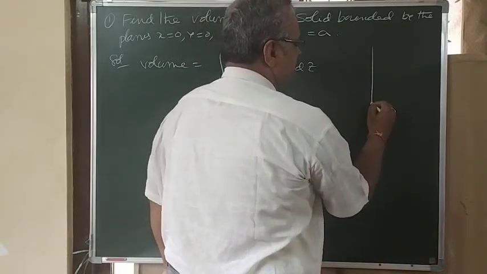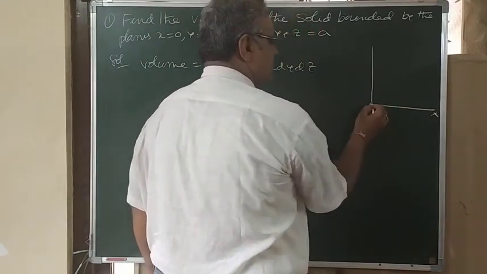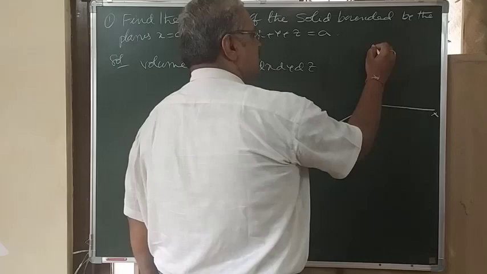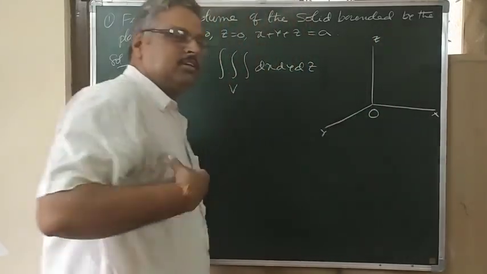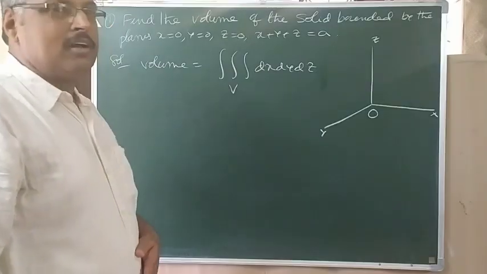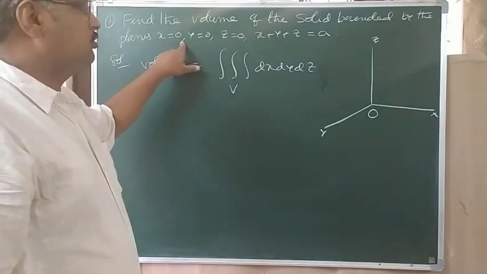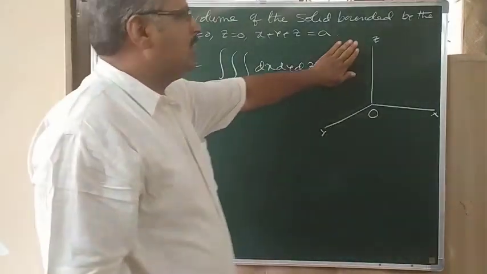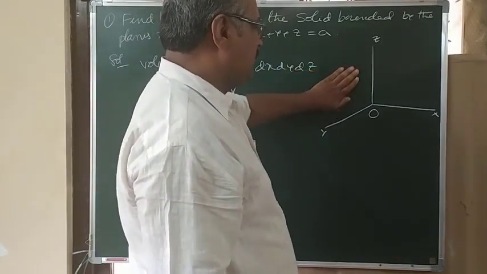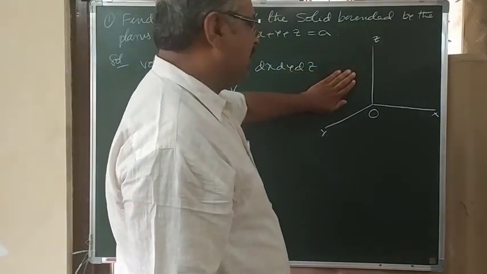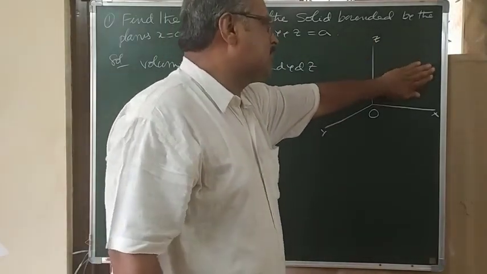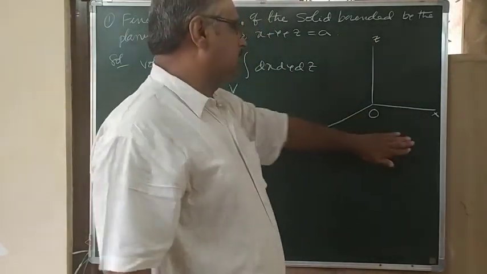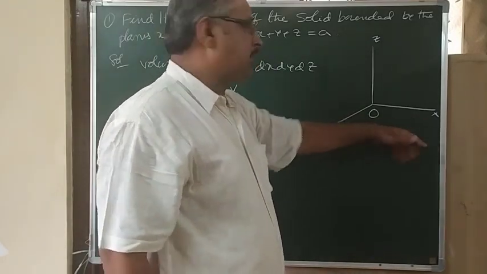Now observe, this is the x-axis, this is the y-axis and the z-axis, and this is the origin, in a three-dimensional coordinate system. x equals 0 is nothing but the yz plane. y equals 0 is the xz plane, and z equals 0 is the bottom part, the xy plane.